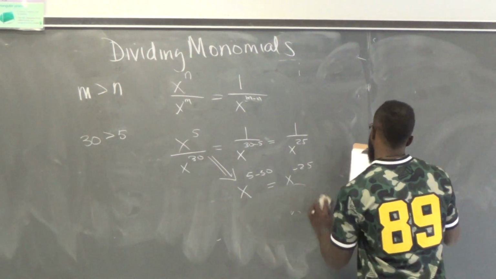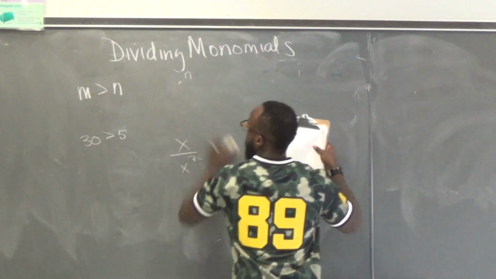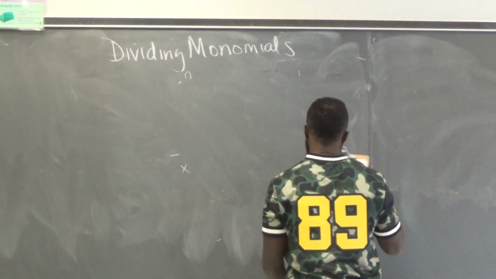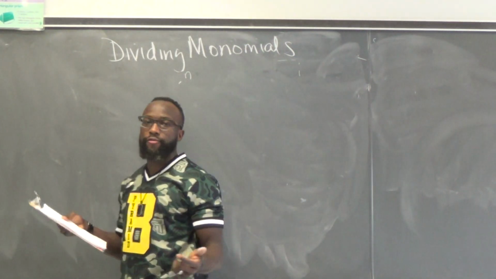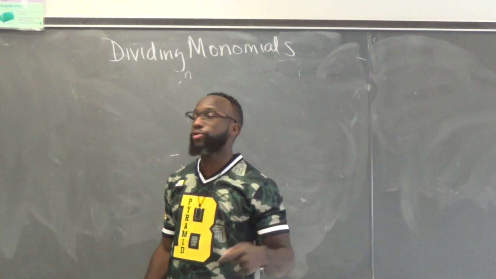Here's your rule. The first thing you want to do is draw the fraction line, and then the rules for division. Then it says divide and reduce the coefficients.